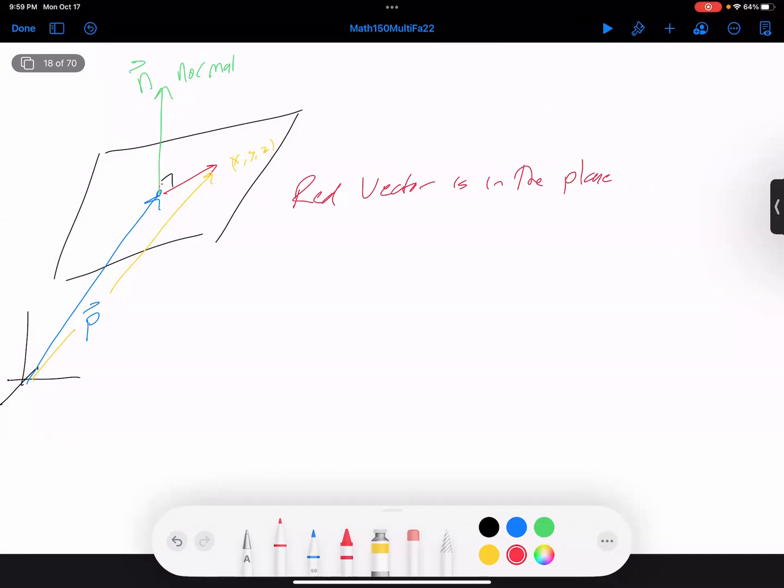How would I get the red vector? I've got two vectors, and I want to use operations on vectors. What do I have to do to XYZ with this vector P to get this vector? Subtract. So the red vector is just XYZ minus P. And this is perpendicular to the green vector.